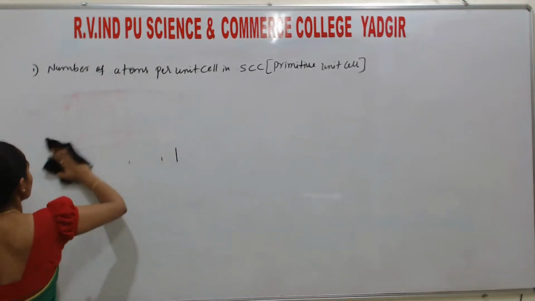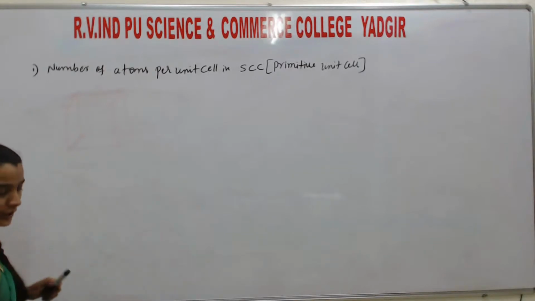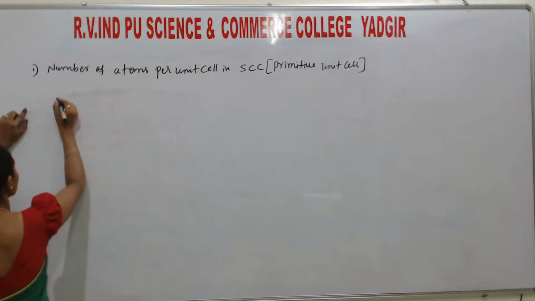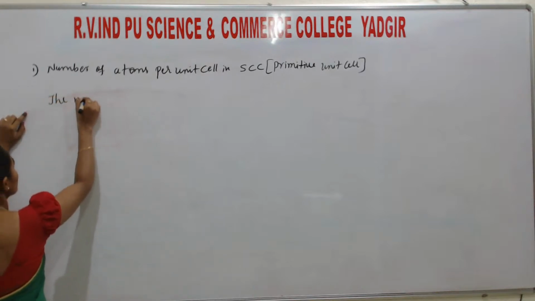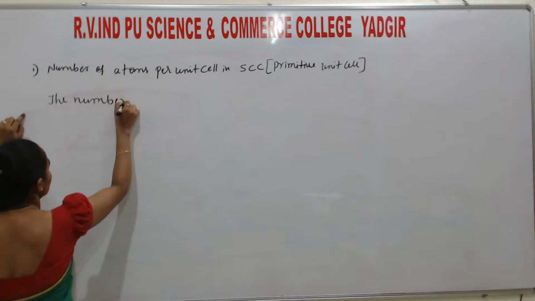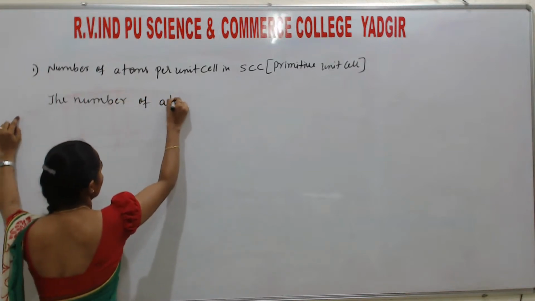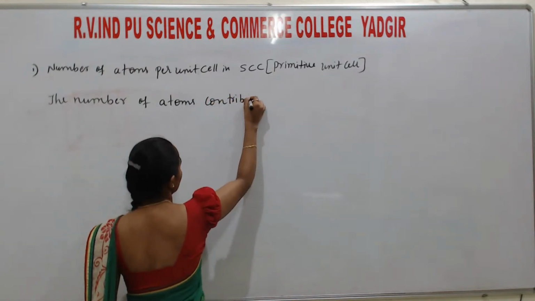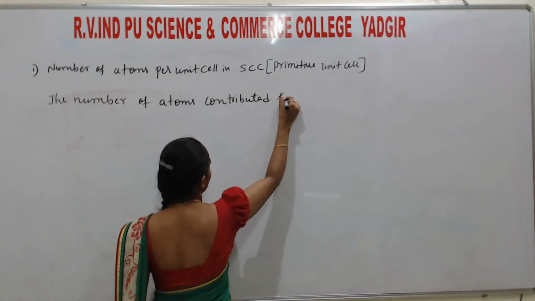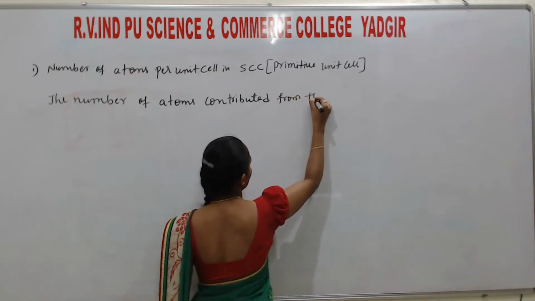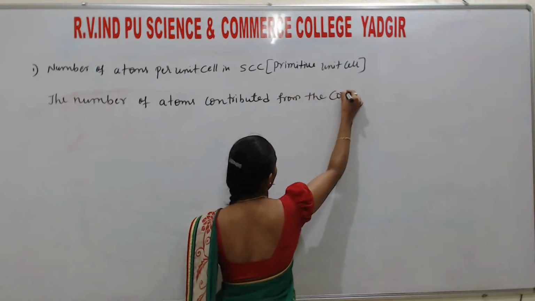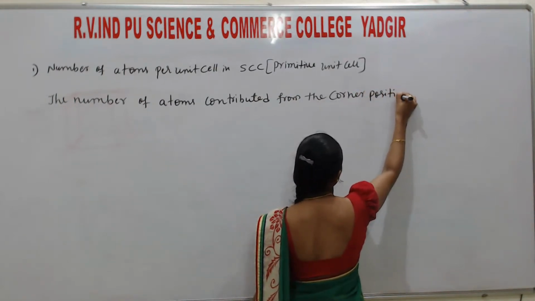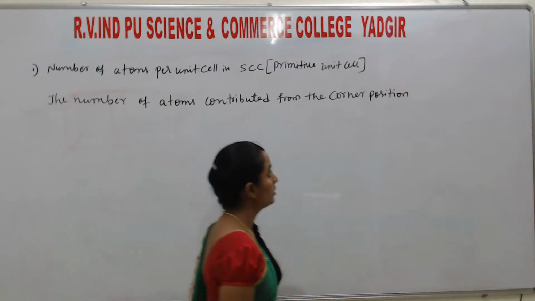So in the examination you have to write only this much. The number of atoms per unit cell in SCC. The number of atoms contributed from the corner position, how much?